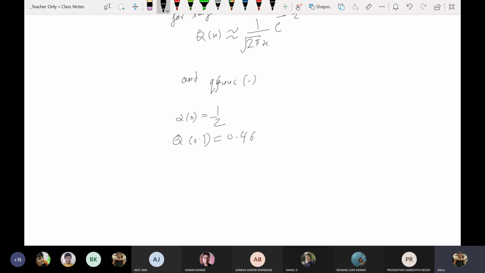Q of 1 equals 0.15. Q of 1.5 equals 0.0668. Q of 2 equals 0.02.